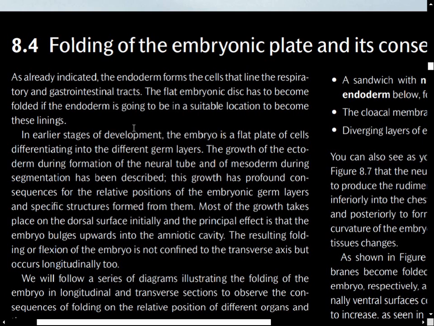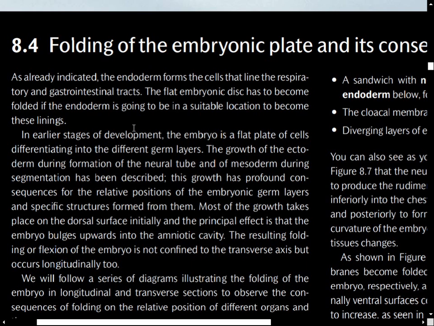This growth has profound consequences for the relative positions of the embryonic germ layers and specific structures formed from them.